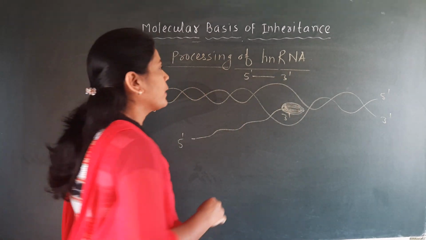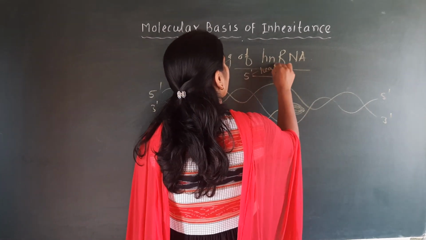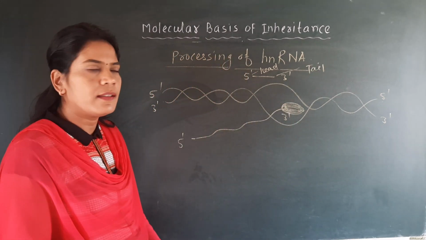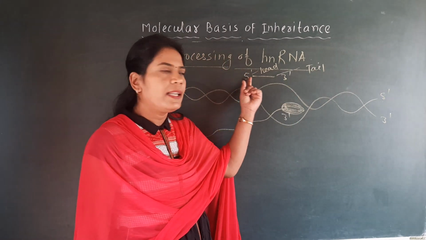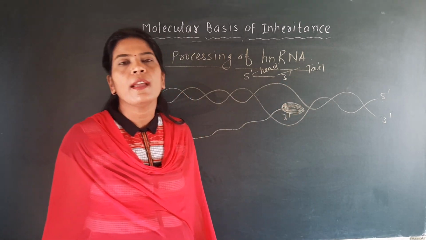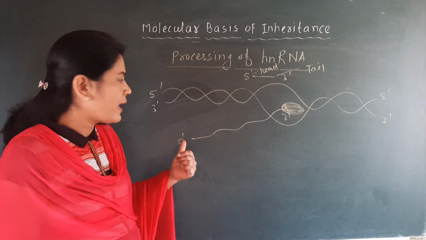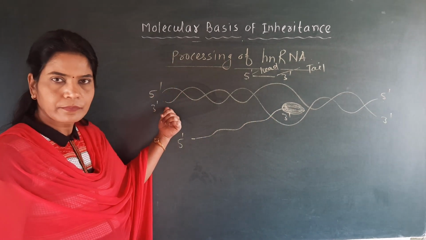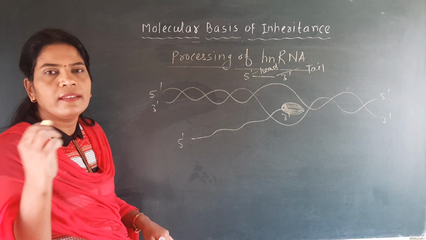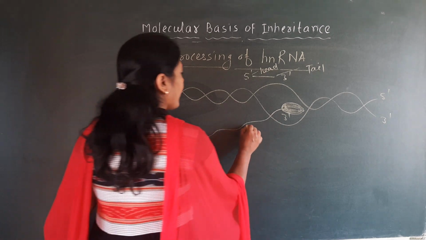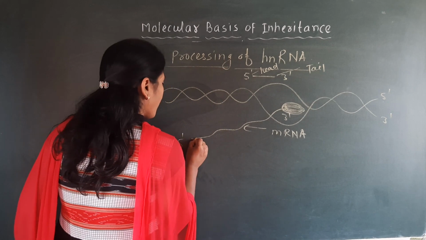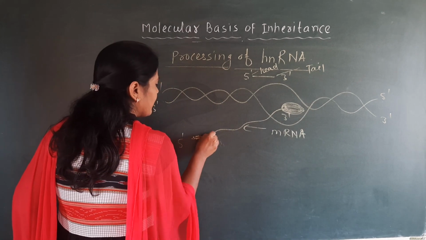This 5' is called the head and this 3' is called the tail. Head is the 5' end and tail is the 3' end. So this RNA or mRNA is always formed 5' to 3' on this template strand. How will we find the sequence?